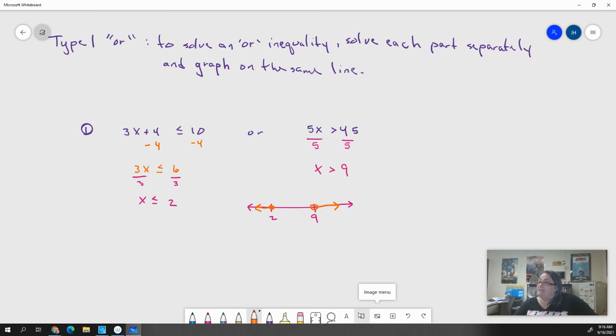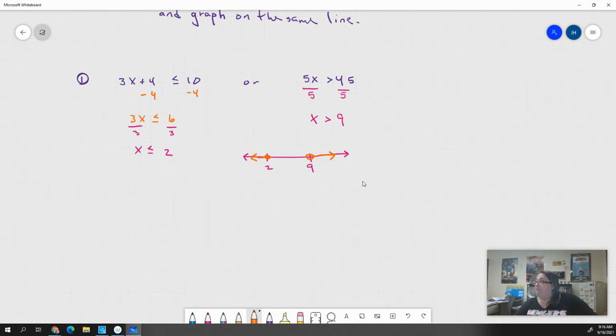If I want to write this in interval notation, and I believe that you'll want to in Delta Math, I'm not sure. Look at this. This piece right here starts at negative infinity, right? It goes all the way forever and ever and ever. And it stops at 2 and includes 2. So I'm going to have a bracket right there. Union 9 to infinity.